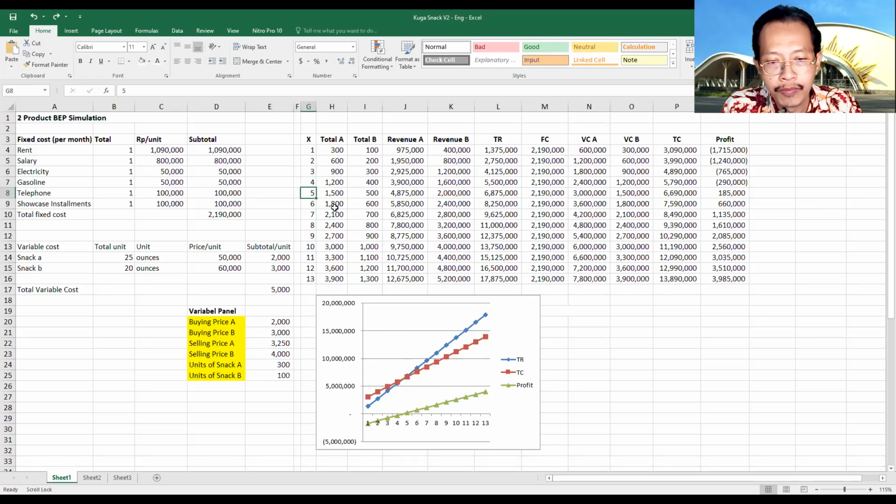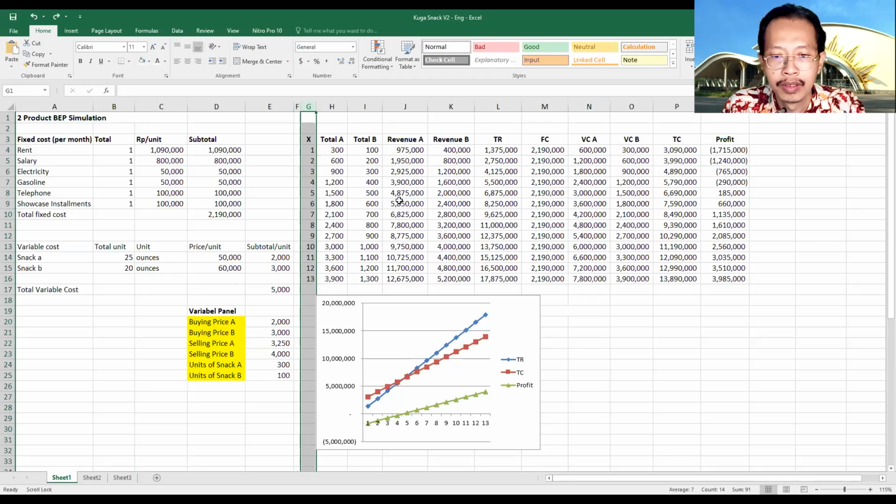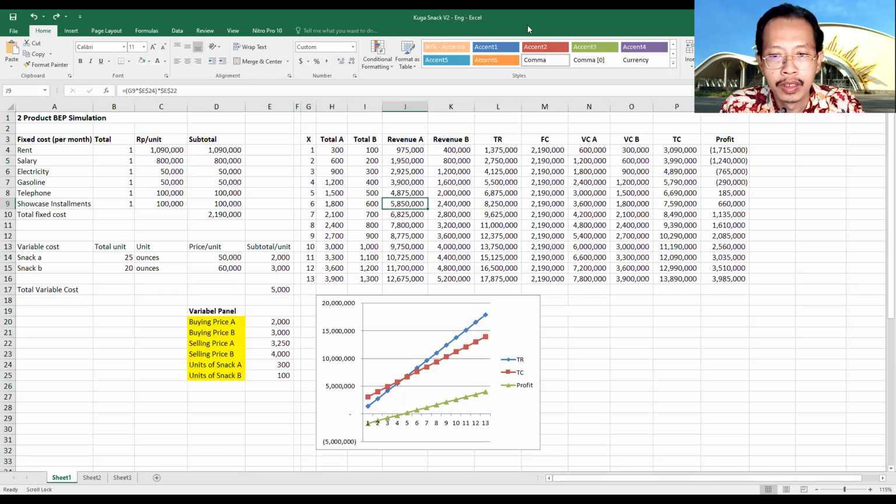Now, try the first one first. And then after you have mastered that, you can start doing the second assignment, something like this, using the monthly time frame. So you can find when you get to the break-even point. So hopefully this would be a good start for explaining about break-even point.